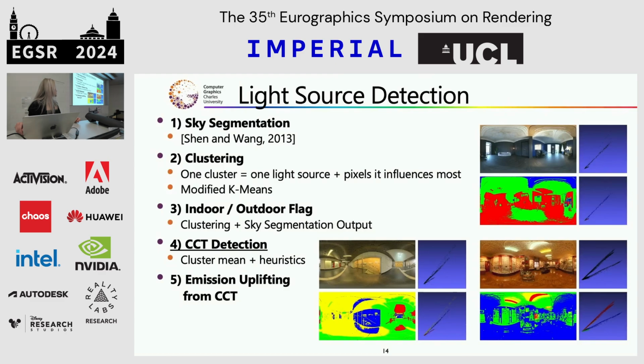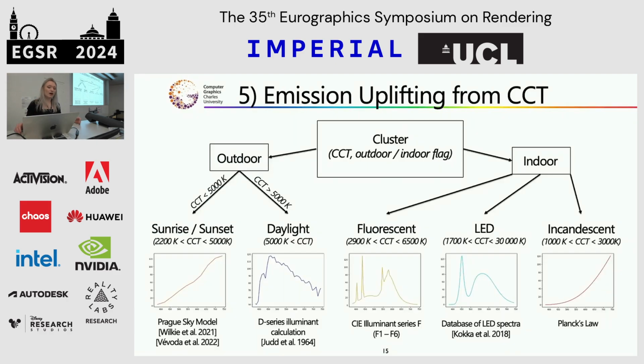Then we moved on to the CCT detection. That's the correlated color temperature of the light source in the cluster, and we determined that to be the cluster mean with some additional heuristics. And lastly, we move on to finding the actual emission spectrum for the light source in the cluster, and we do this according to this diagram.